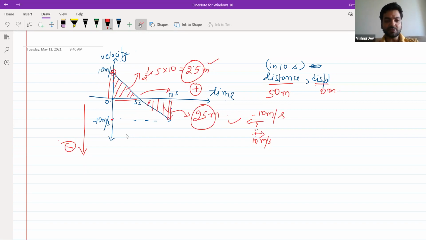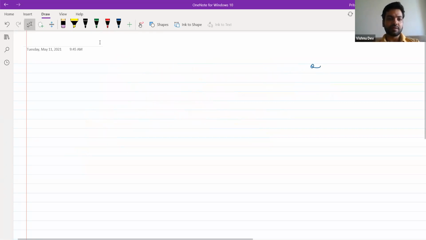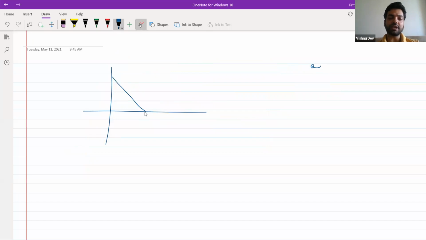I'll modify this question a bit. Same question, no need to calculate again. I give you the same values so that the areas will be the same. This is 10, 5 seconds, and this is 10 seconds. Okay, so this is again velocity and this is time.